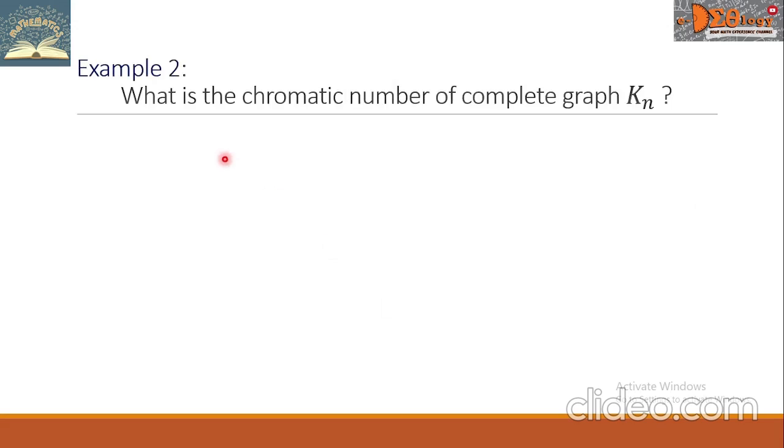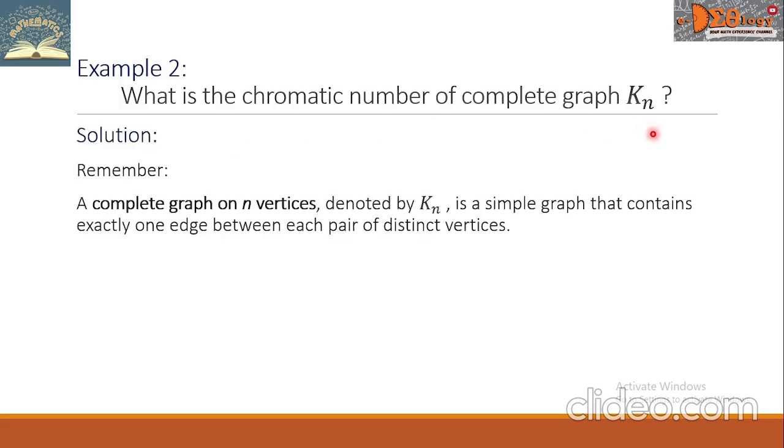Example 2. What is the chromatic number of complete graph K sub n? Remember, a complete graph on n vertices denoted by K sub n is a simple graph that contains exactly one edge between each pair of distinct vertices.